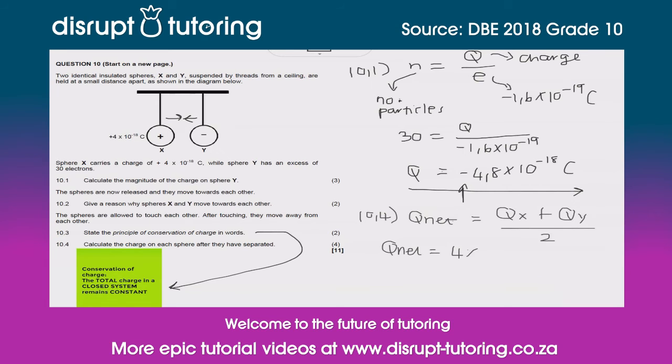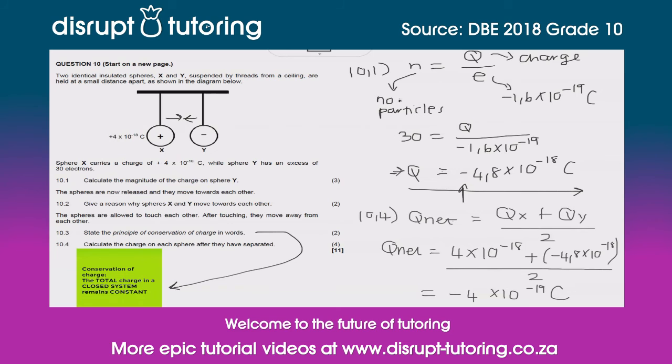So that is positive 4 times 10 to the minus 18 plus, and then we know the charge on Y, which is here, and that is minus 4.8 times 10 to the minus 18, and that is over 2. So then you get a net charge of minus 4 times 10 to the minus 19 coulombs.